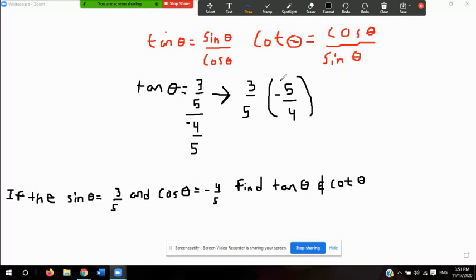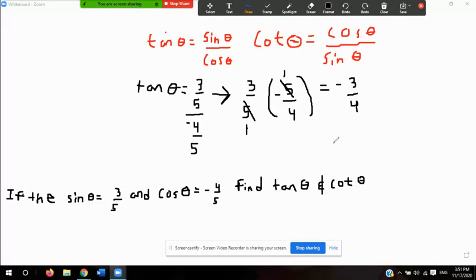And in this case, we can cross cancel 5 and 5. And this would be 1, as would this one be. So that means that the tangent of theta equals negative 3/4.